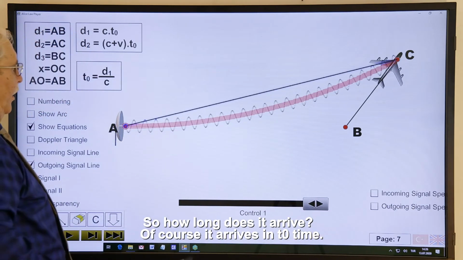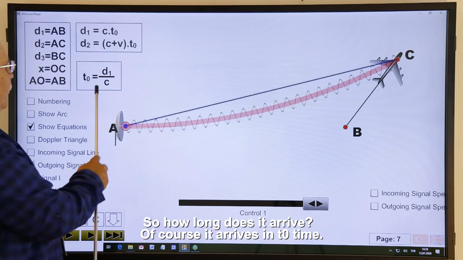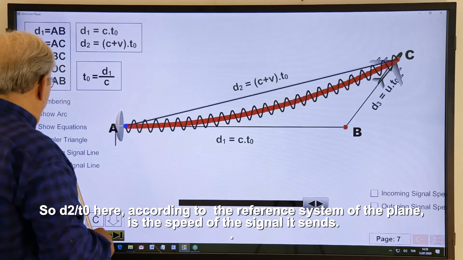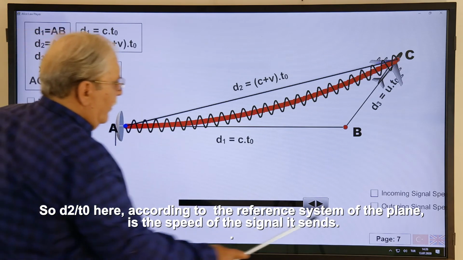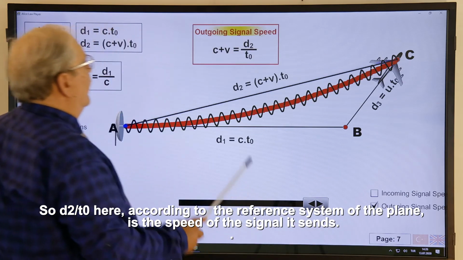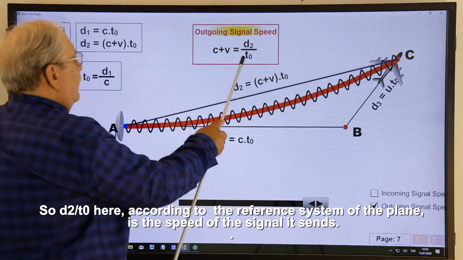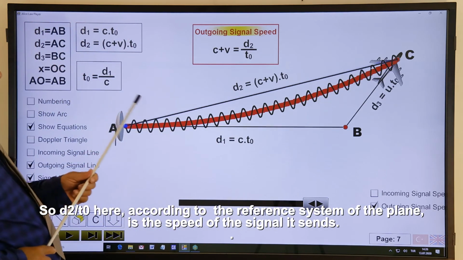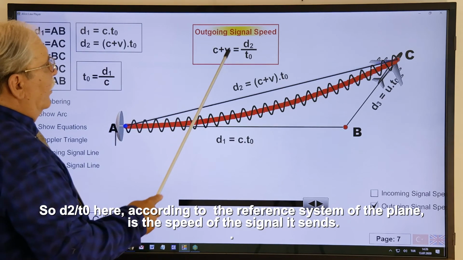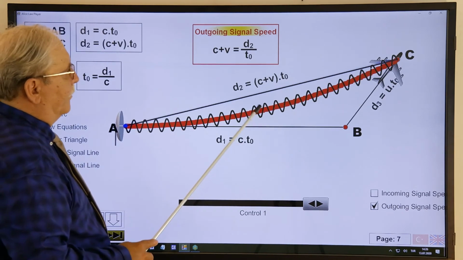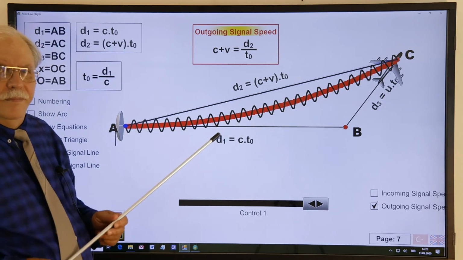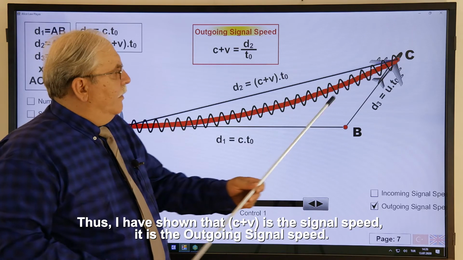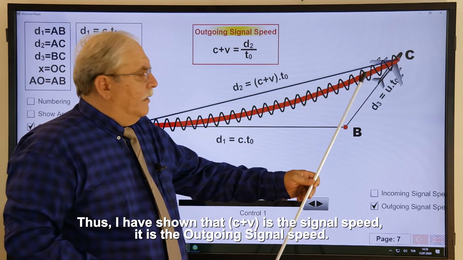So how long does it arrive? Of course it arrives in t0 time. So d2 divided by t0 here, according to the reference system of the plane, is the speed of the signal it sends. Thus, I have shown that c plus v is the signal speed, it is the outgoing signal speed.